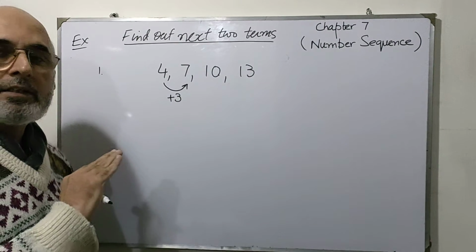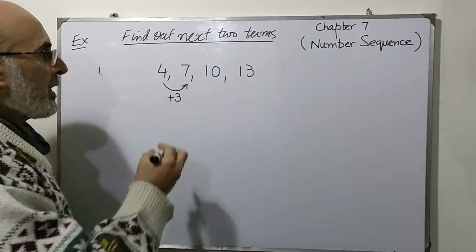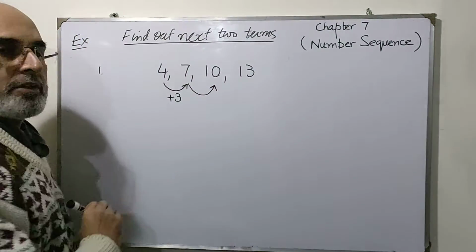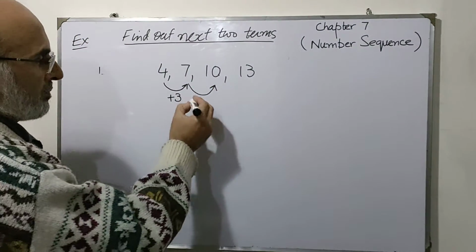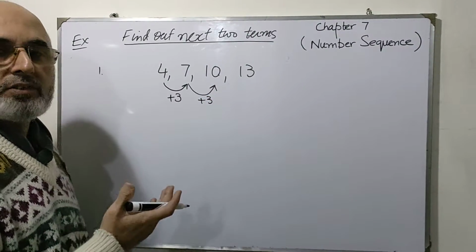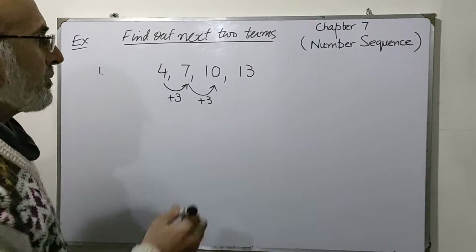So, let's do the same thing on the second term to get the third term. So, if we add 3 to 7, do we get 10? Yes, we do get 10. 7 plus 3 is 10. Okay, let's keep on doing this thing.